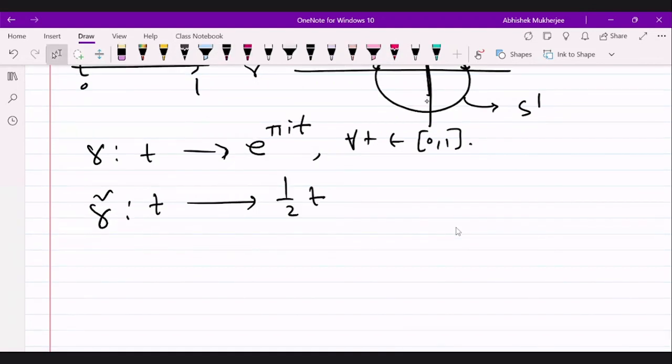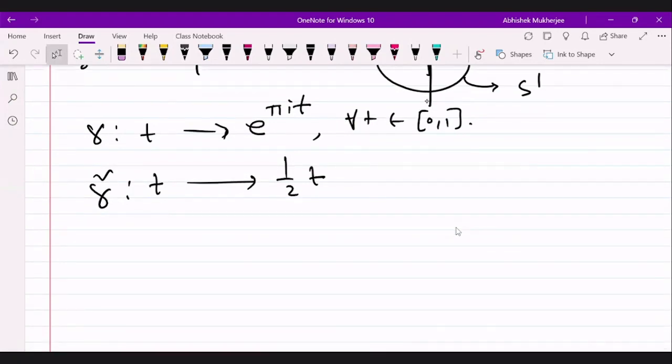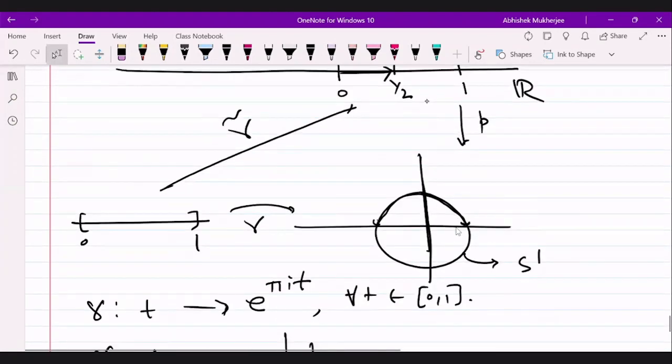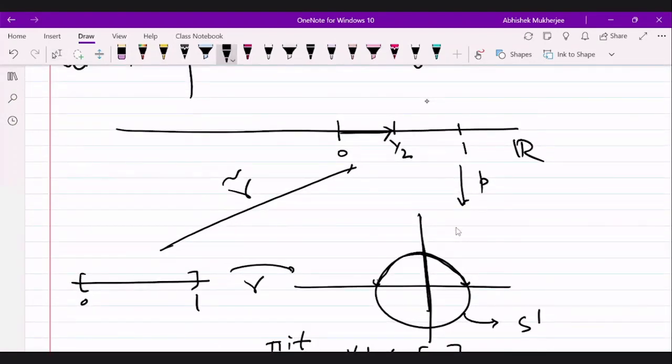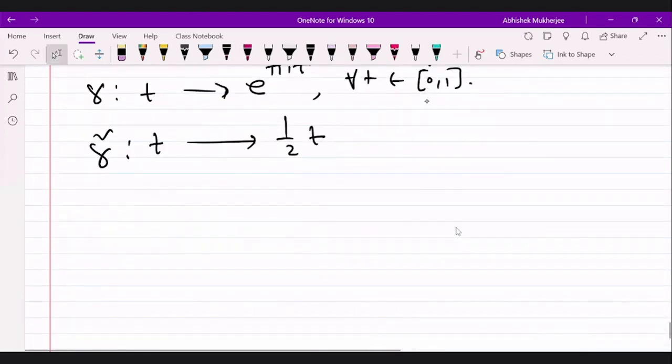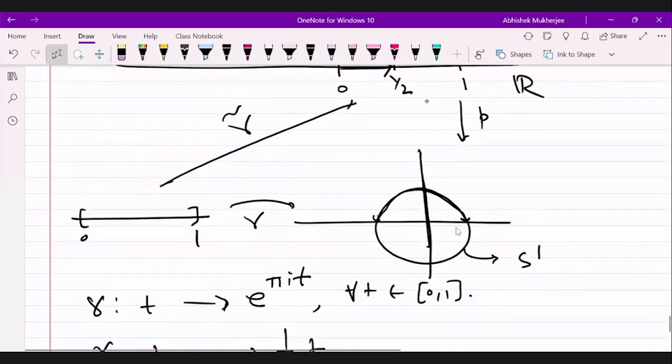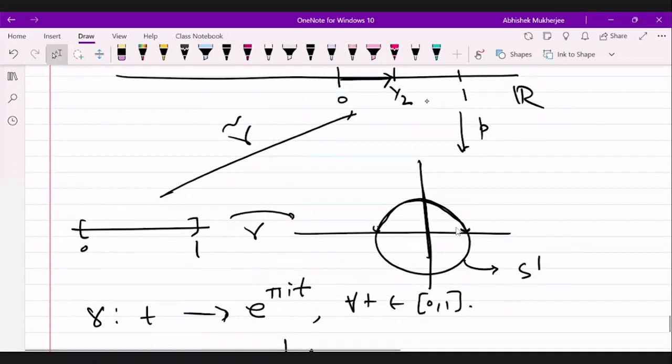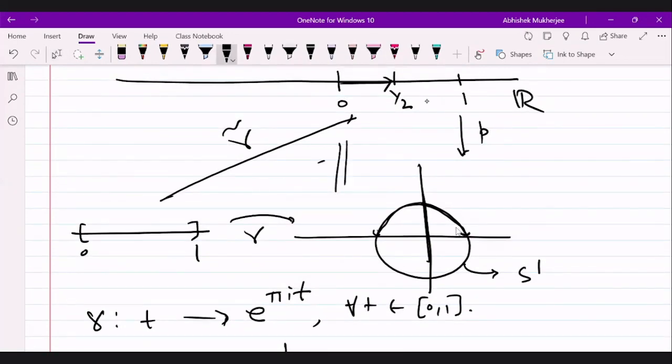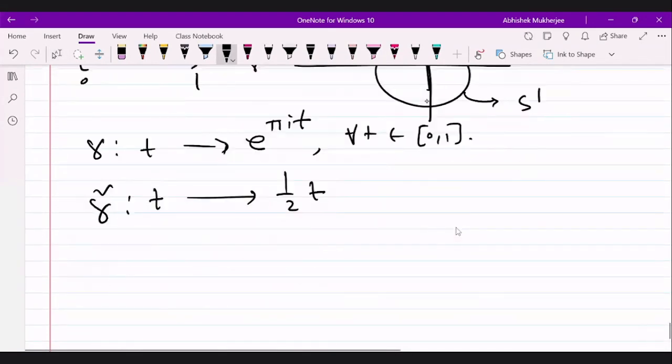Then you will see that this gamma tilde is a map from 0, 1 to R, and P is a map from R to S1, and gamma is a map from 0, 1 to S1. So that means there is a connection between these maps. So this diagram should commute, right?